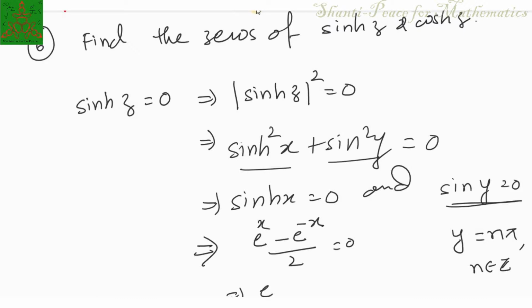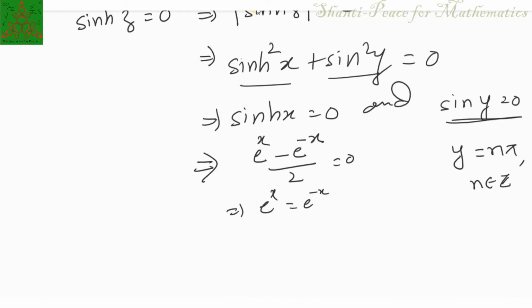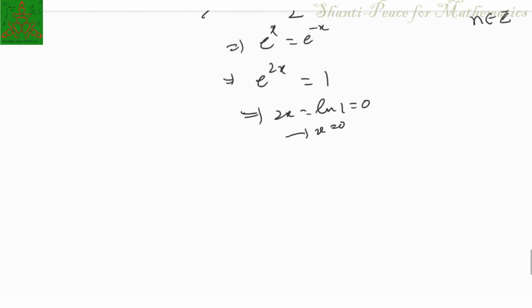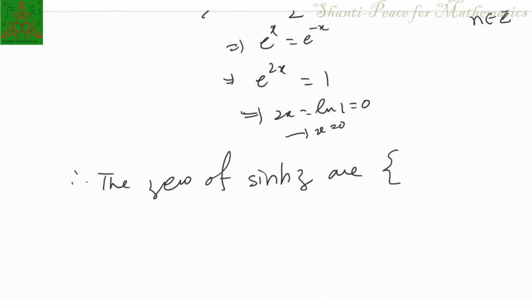So e power x is equal to e power minus x, which implies e power 2x is 1, so 2x will be ln of 1, which is 0. So x is 0. That means the zeros of sine hyperbolic of z are 0 plus i n pi, where n belongs to Z.